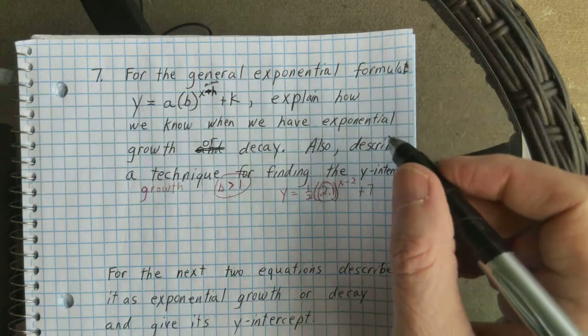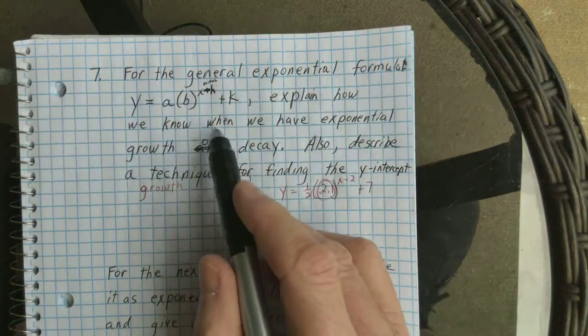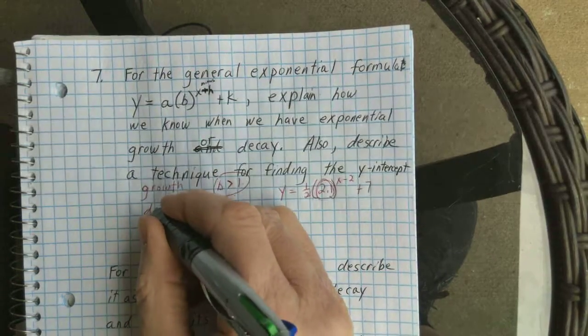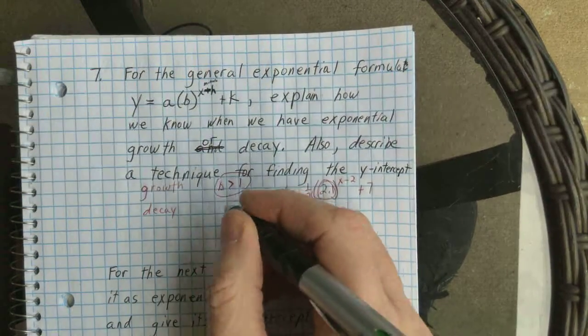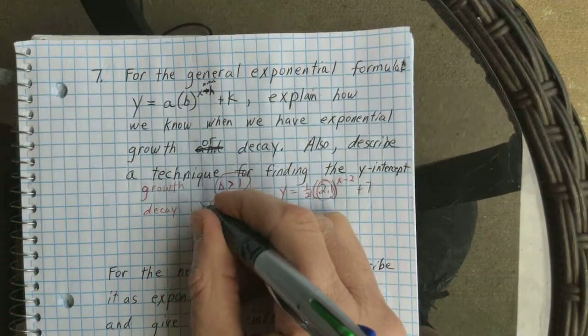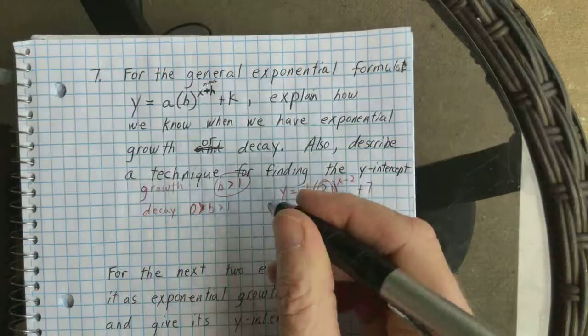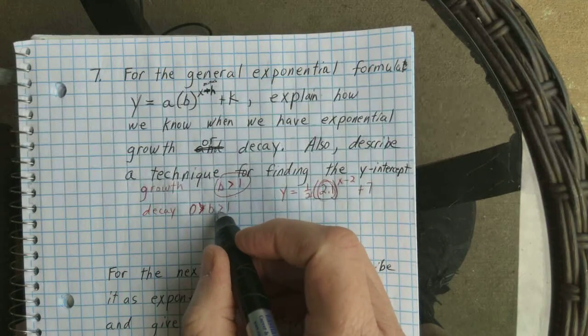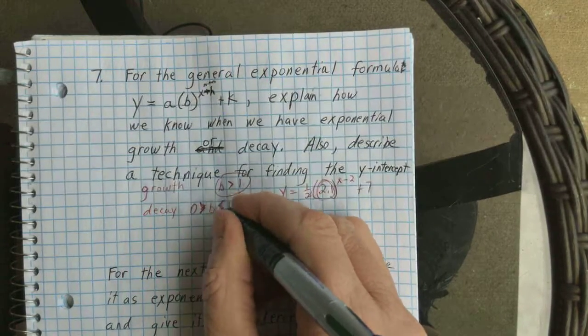Now, decay would be when b is bigger than 1, whoops, but it's bigger than 0. Sorry. b is less than 1.